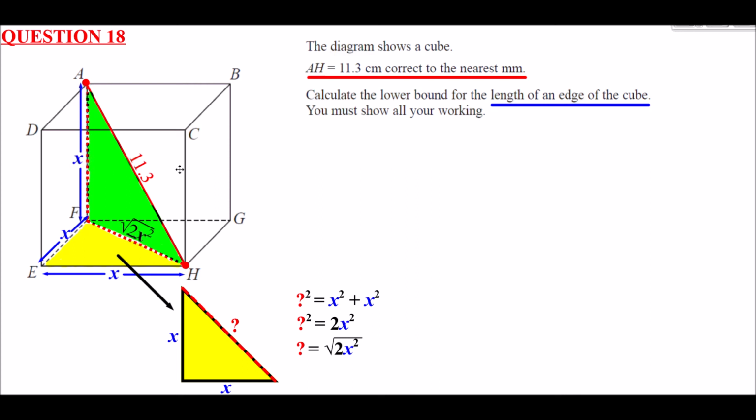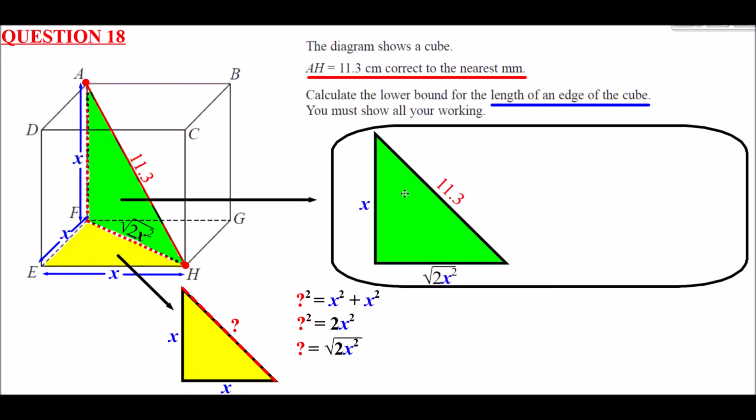So thinking about this green triangle and putting it into our diagram of our own now, we've got this. So the question originally says to the nearest millimetre. So to the nearest millimetre, to one decimal place essentially, we've got this. So by Pythagoras again, x squared plus the square root of 2x squared all squared equals 11.3 squared.